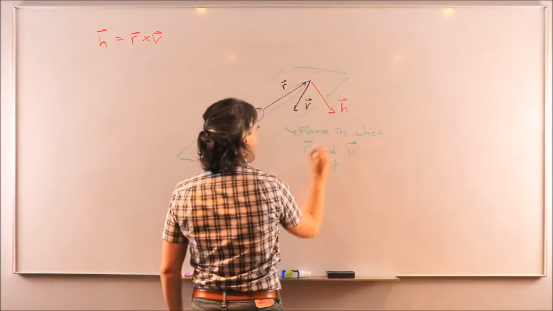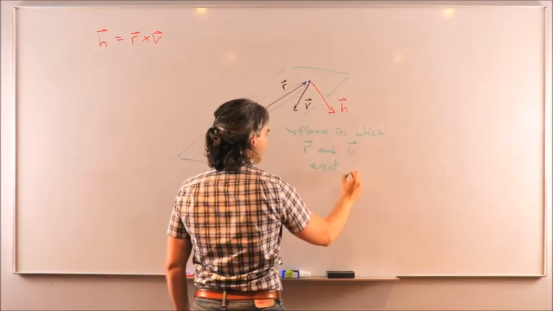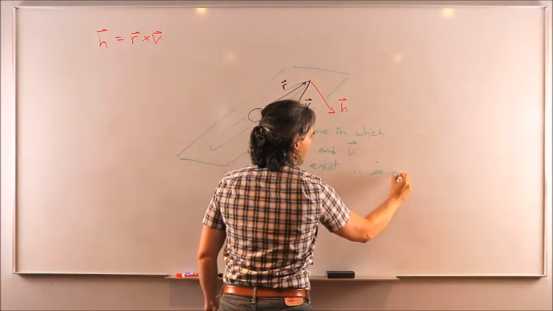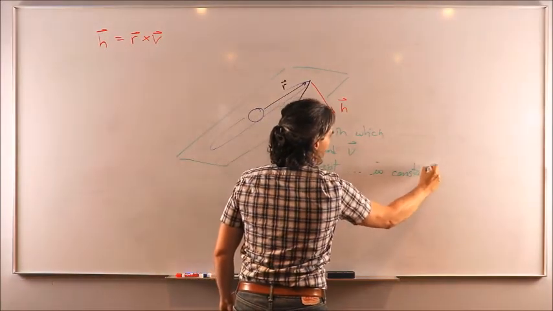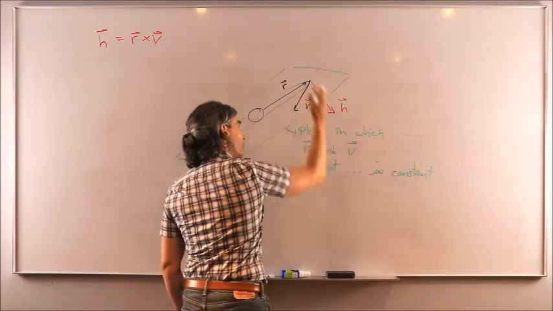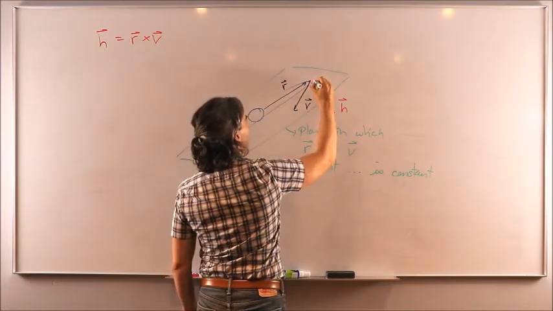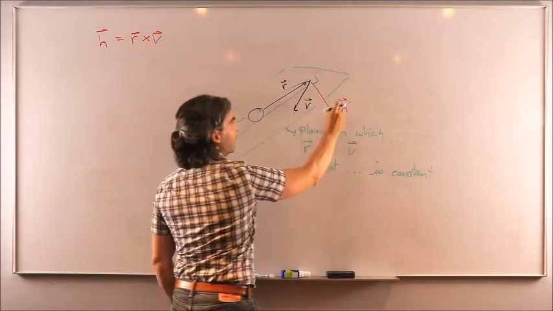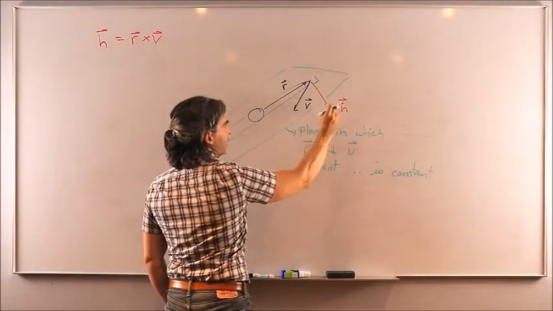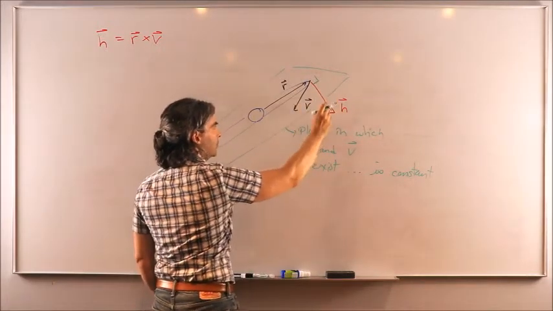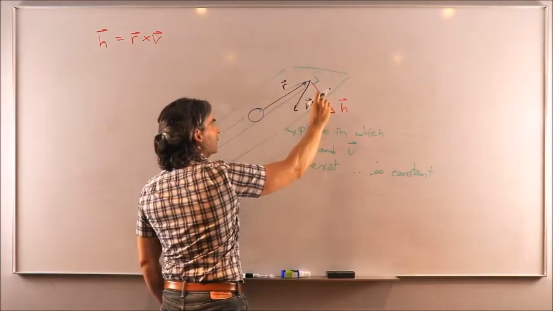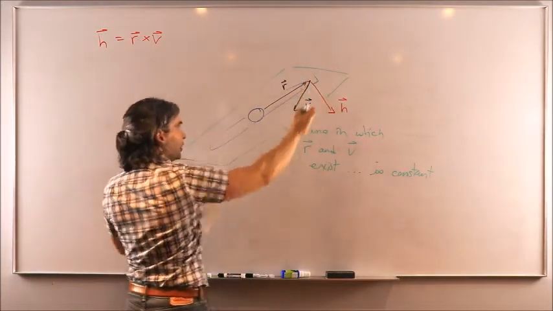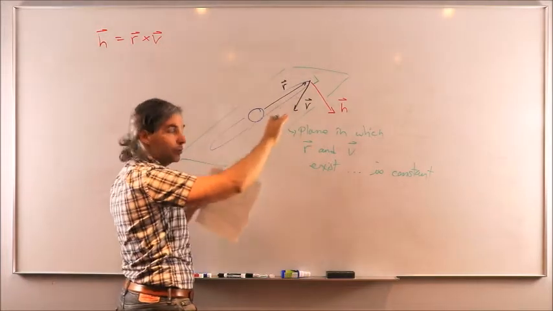We're going to say that the plane in which r and v exist is constant, because this vector, which is perpendicular to the plane, is constant. If that vector, which is kind of attached to the plane of motion, would be moving around, it means that the plane in which the spacecraft would evolve would also tilt and move.